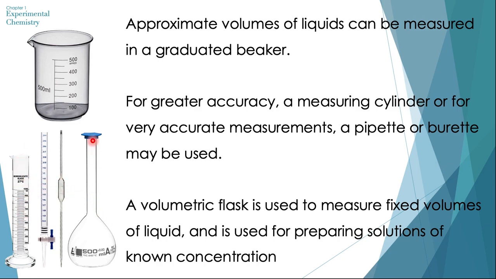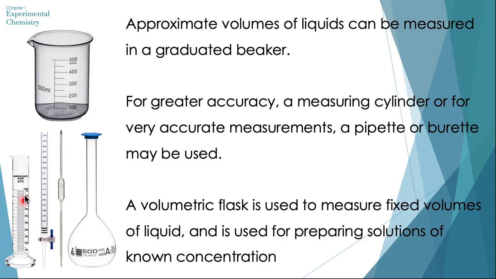A volumetric flask, as you can see here, is used to measure fixed volumes of liquid and is used for preparing solutions of known concentration. So, for volume, we have different instruments that can measure the liquid with different accuracies. Graduated beaker measures approximate volumes of liquids. That means that it doesn't have that much accuracy. The volume of the liquid can only be approximate.